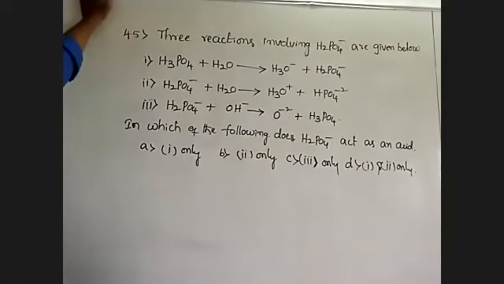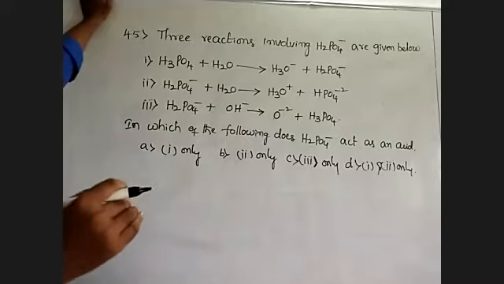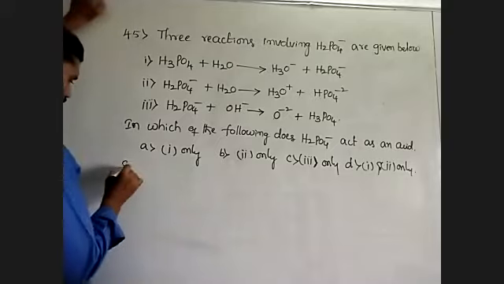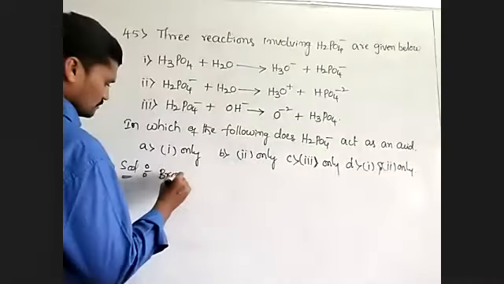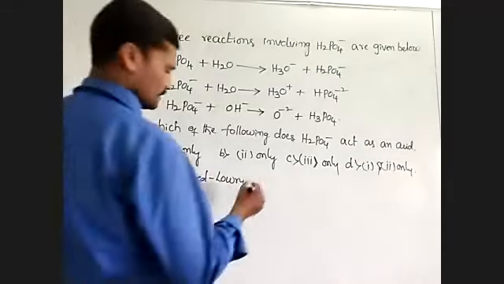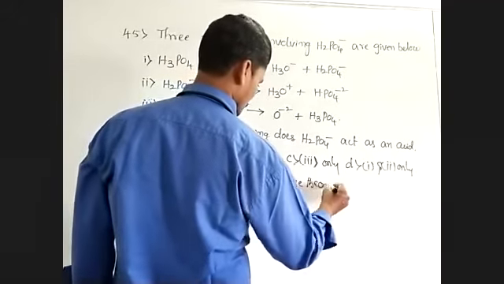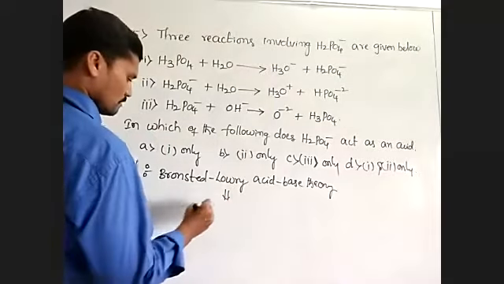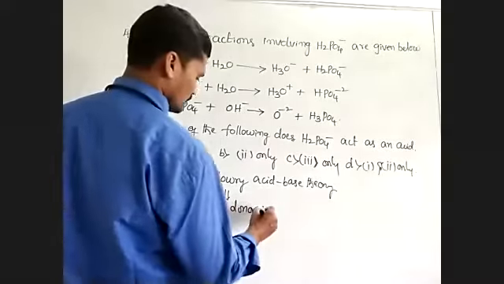Now here, as per Bronsted-Lowry acid-base theory, the species which donates a proton is nothing but an acid. That means proton donor is an acid.